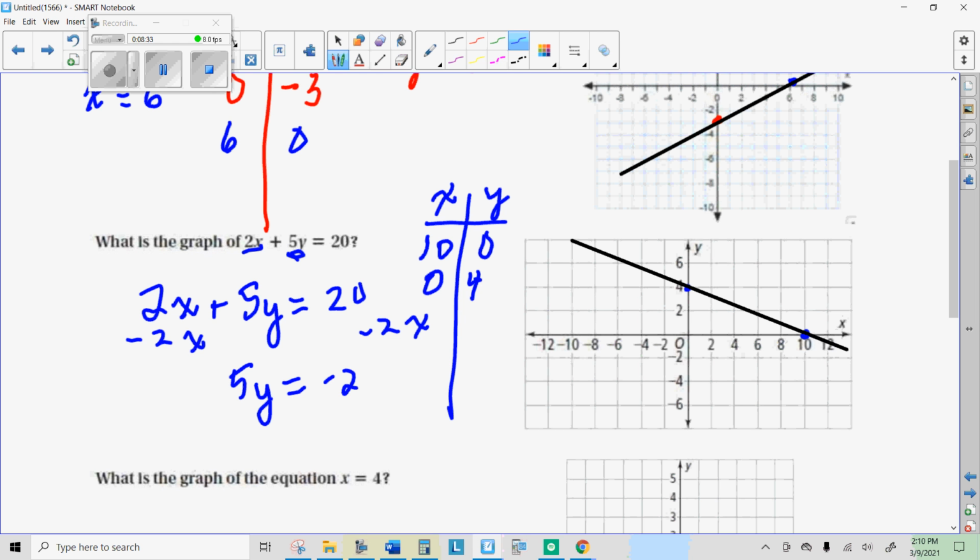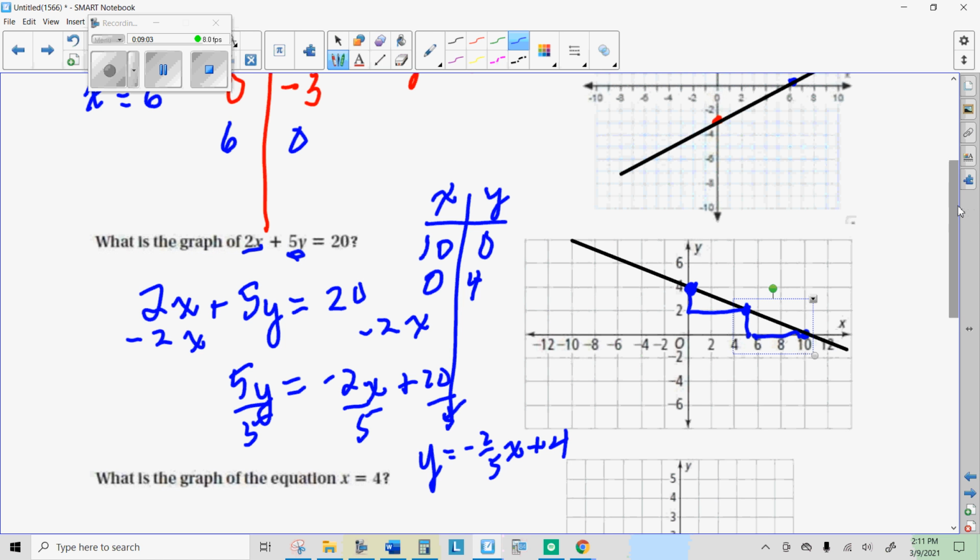Negative 2x plus 20, and divide everything by 5. Some of you guys are good at this. And you end up with y equals negative 2/5 x plus 4. Well, there's your y-intercept 4 right there. And the slope is negative 2 over 5. So that way works also.